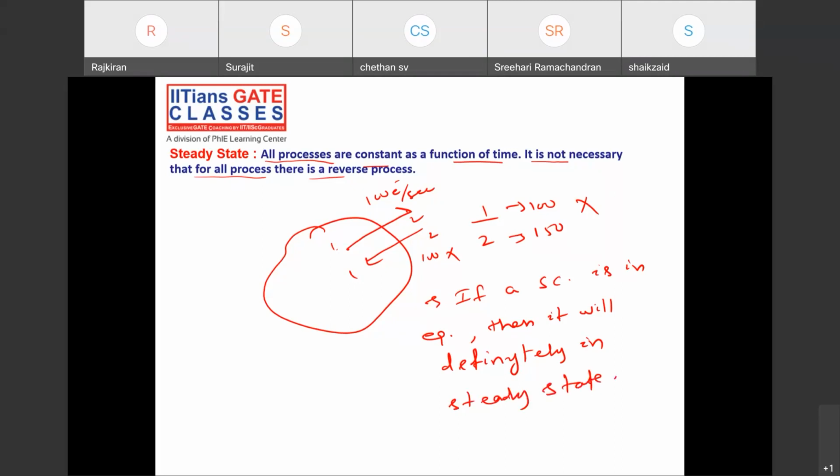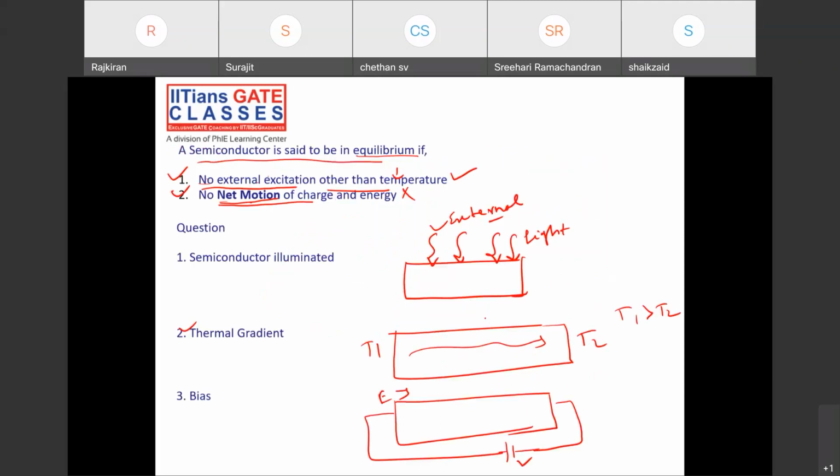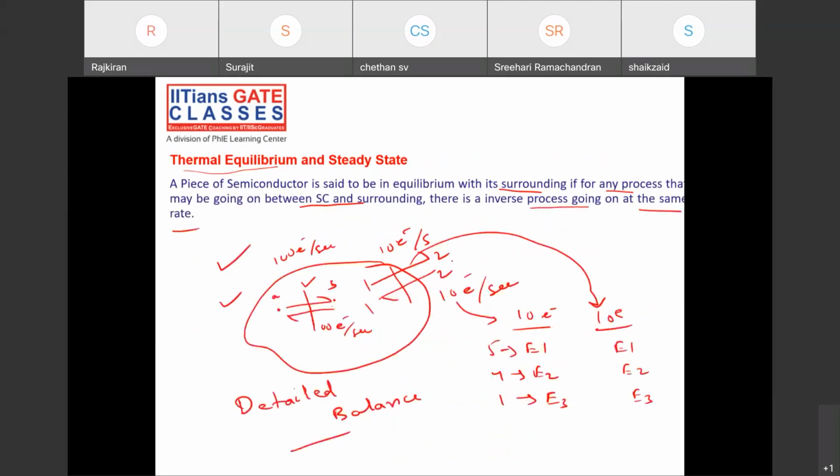Is this statement right or wrong? True, sir. True, because we know for equilibrium, for every process there is an equal and opposite process at the same rate, right? Same rate. I mentioned it.